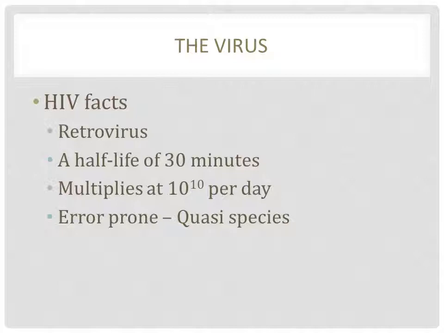And with this large-scale production comes the error that comes with production. So HIV is error-prone. We call it error-prone, but I think that is a strategy for survival for the virus, because in this error, it's able to mutate and produce quasi-species that begin to evade the drugs that we use to treat HIV.